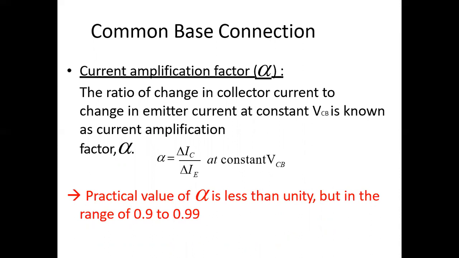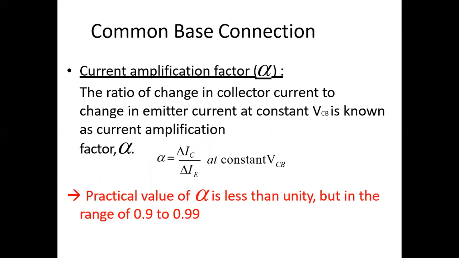For common base connection, we have a current amplification factor, denoted by alpha. The definition of alpha is the ratio of the change of collector current to the change of emitter current. For common base connection, alpha is equal to del IC divided by del IE.